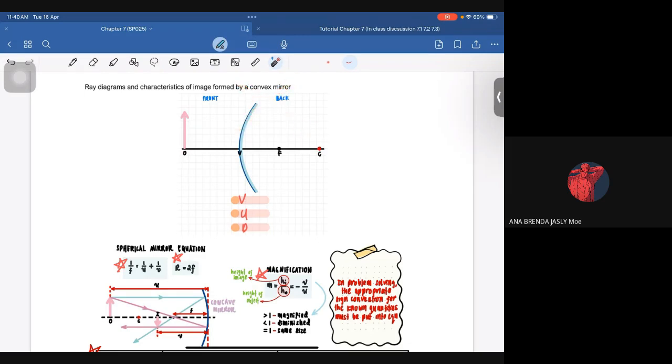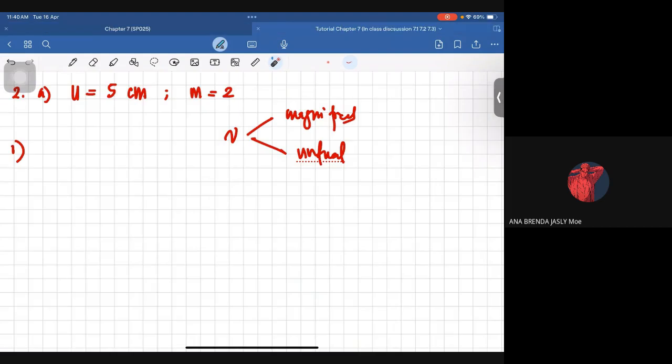Why is it not a convex mirror? Sebab untuk characteristic for a convex mirror, it should be diminished. So walaupun dia virtual, dia perlu diminish. Image formed by a convex mirror mesti diminish. Hence, the answer here should be concave mirror.